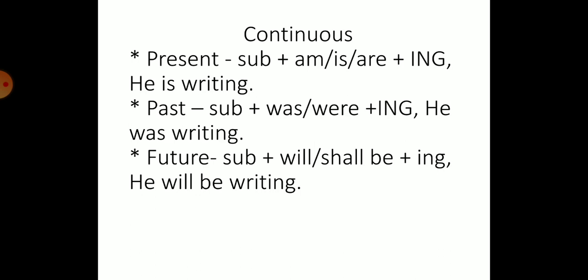The past continuous: subject plus a choice between was and were, plus ing. So my answer is he was writing. For the future, we always have words like will, shall. So the answer becomes he will be writing, or if I use the word I, the answer will be I shall be writing.